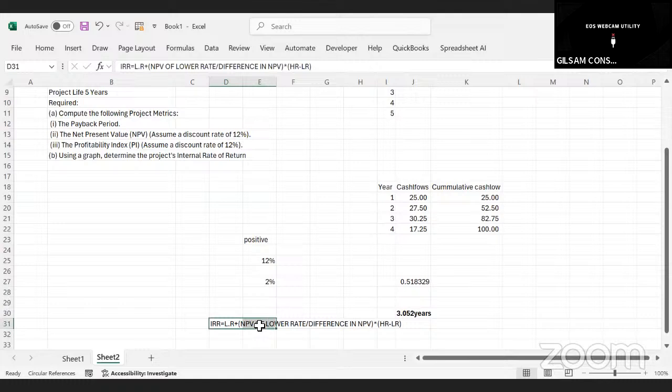So try this, and then you will try to use the formula thereafter.